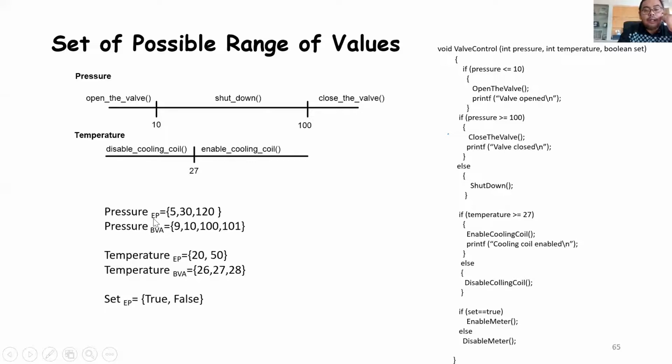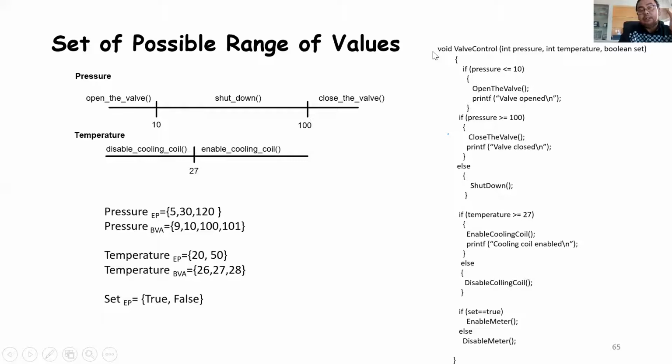Similarly for temperature, equivalent partitioning is 20 in one partition and 50 in the other, and for boundary value I can have 26, 27, and 28. And the set should be true and false.